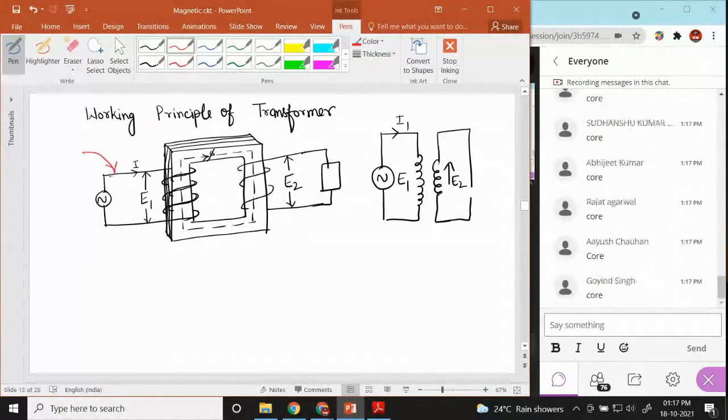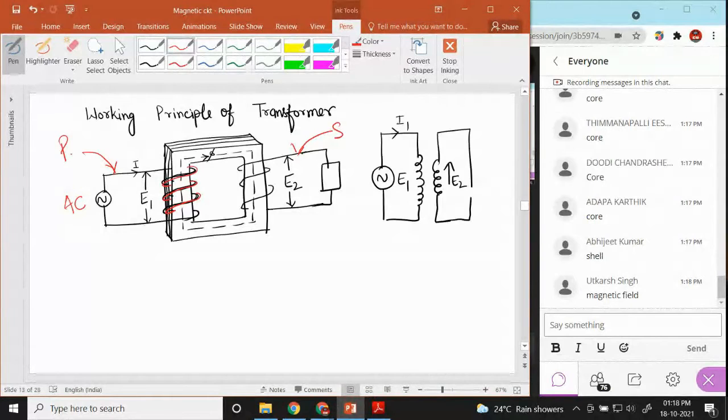This side of the transformer is called primary, and this side is called secondary. Here you are applying AC voltage, and when you apply AC voltage, some current will flow through this wire. This wire acts as a coil. If you place some material inside this coil, a magnetic field will be generated.